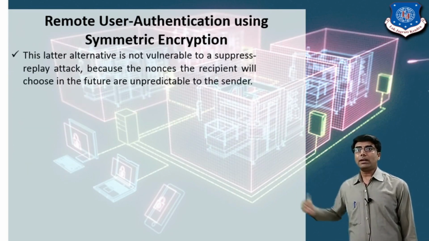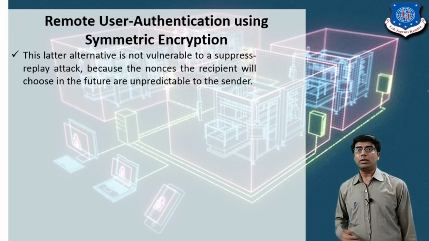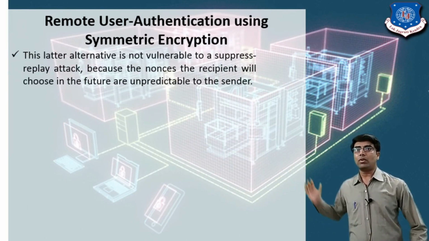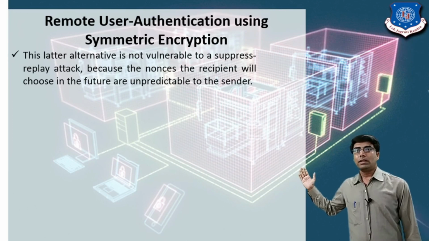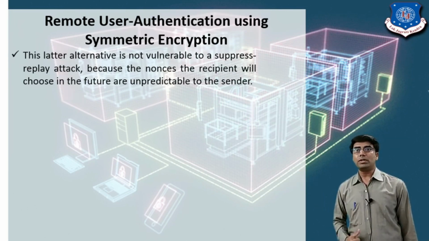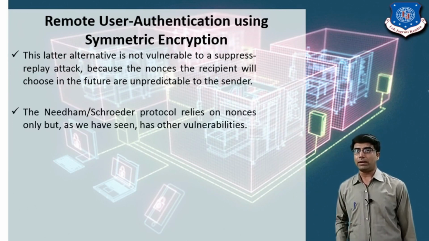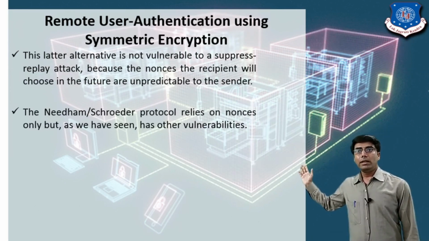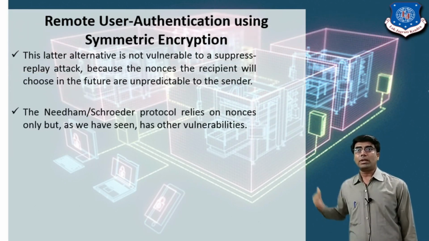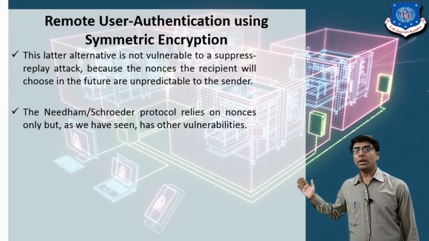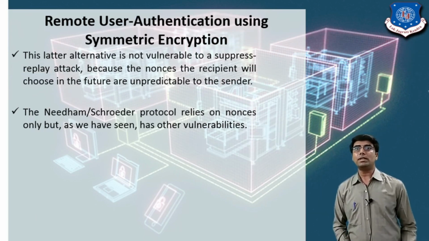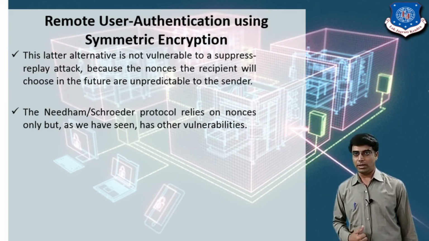This alternative is not vulnerable to suppress replay attack, because the nonce the recipient will choose in the future is unpredictable to the sender. So the Needham and Schroeder protocol relies on nonce only, but as we have seen, has another vulnerability.